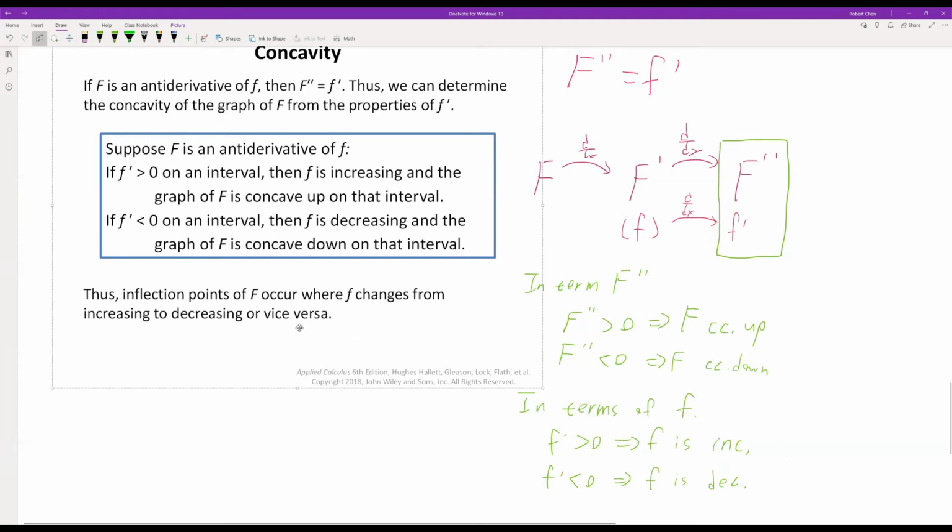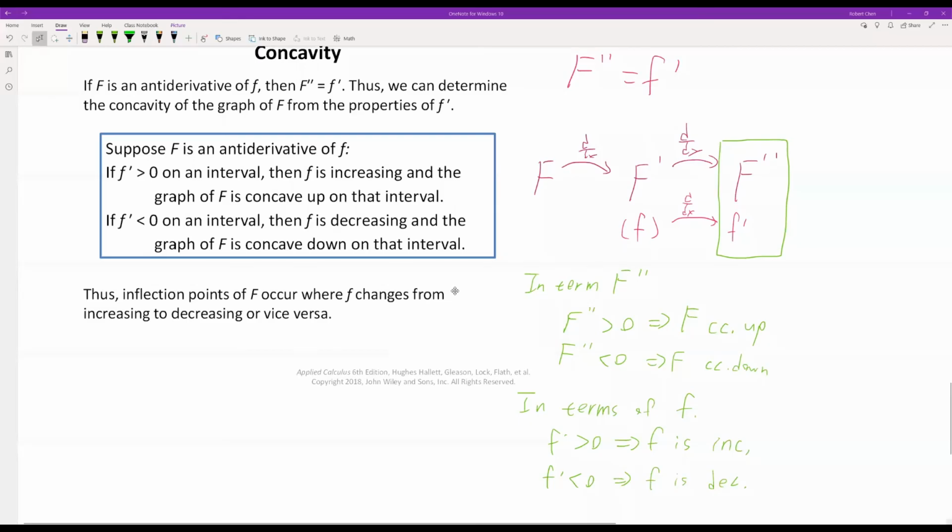So again, this is a little confusing because capital F double prime is the same thing as lowercase f prime, because we defined capital F prime to be lowercase f. And it's just a different way to elaborate what we're looking at in terms of the graph with different notations.